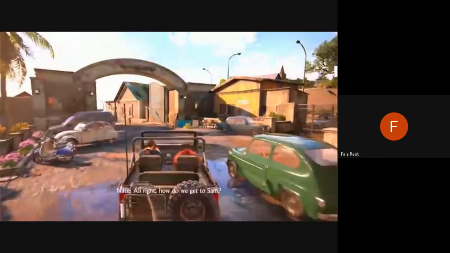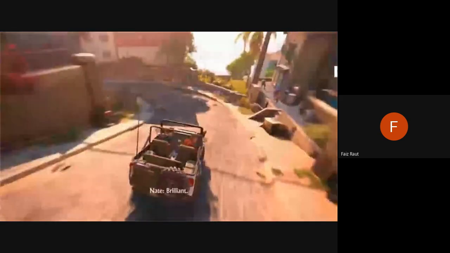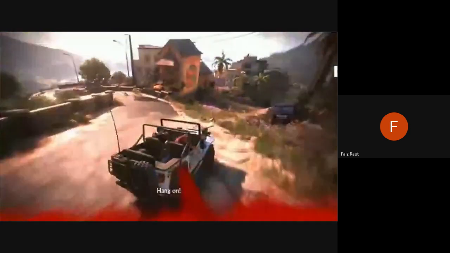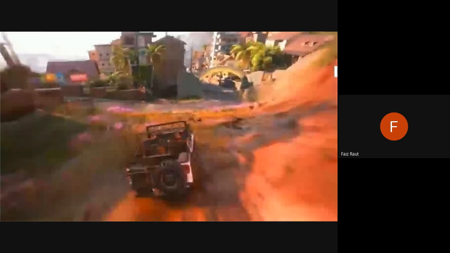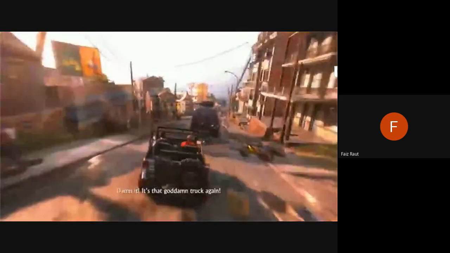If you compare these two companies, they were manufacturing excellent games like this. See the graphics, see how real it looks. If I play it on a huge big screen TV, it will look like people are shooting at us and we are running away from them. This was the kind of competition which Sony and Xbox gave, and Nintendo couldn't cope up with this because Nintendo was a small company.